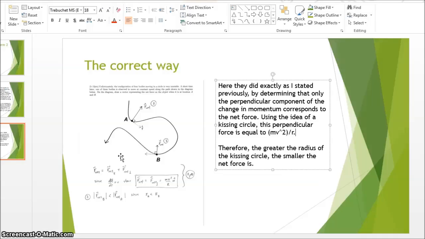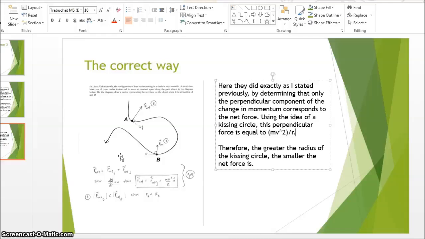So we can't just say that the new direction that it's now going is the same direction that the force acted, because we have an already initial speed, so we have to take that into effect as well. The perpendicular net force is going to act perpendicular to its initial motion. It's not just going to go in the direction of the final motion compared to the initial motion.